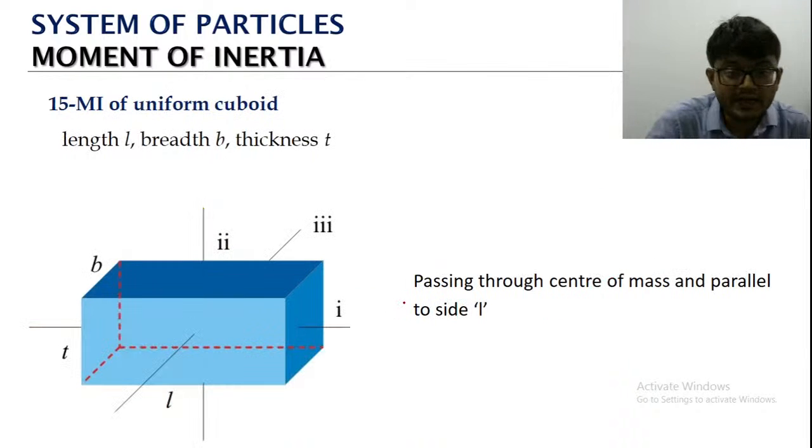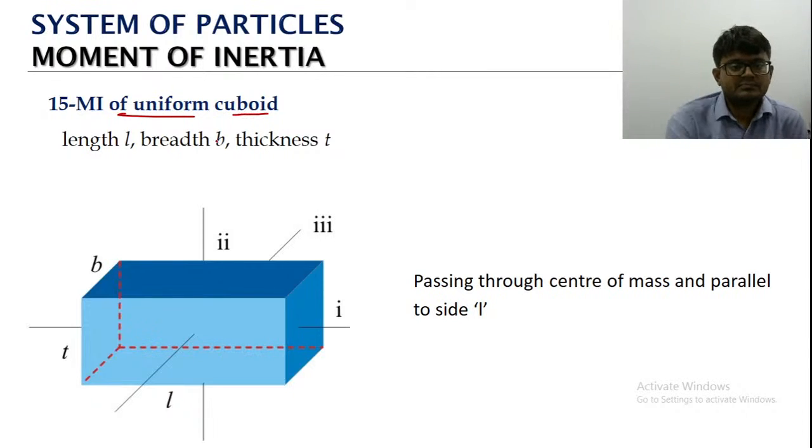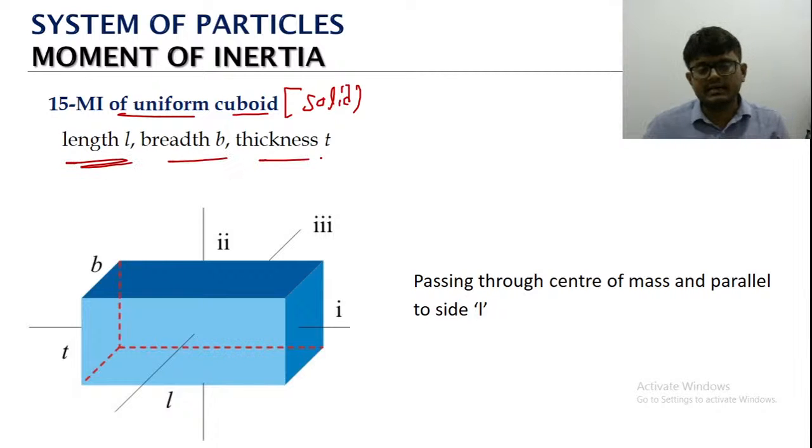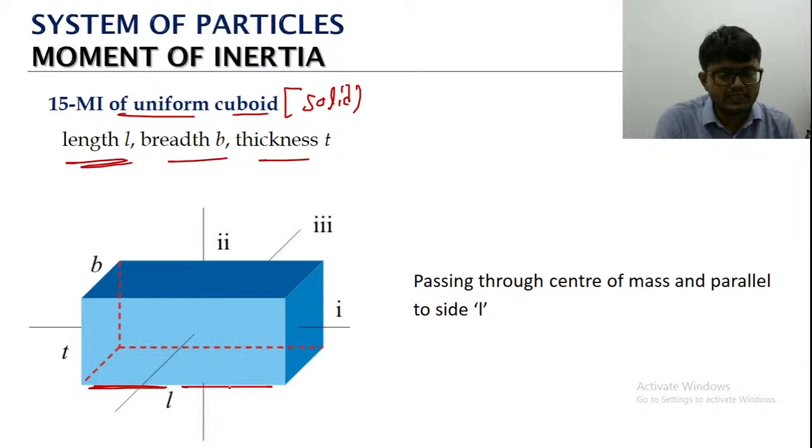Next we have the moment of inertia of the cuboid. These are also solid. For the cuboid we take length L, breadth B and thickness T, where thickness means the height.